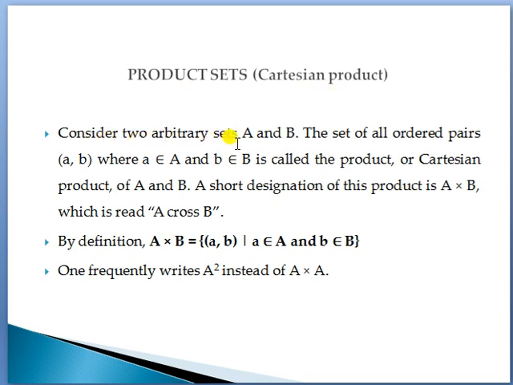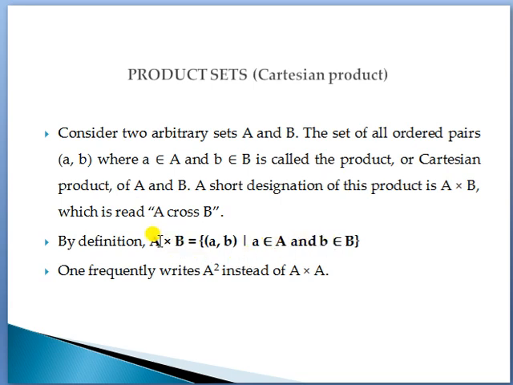Consider two arbitrary sets, capital A and capital B, and the set of all ordered pairs (a, b), where the first element a belongs to the set A and the second element b belongs to B. This is called the product or Cartesian product of the sets A and B, and it is denoted by the symbol A cross B. In mathematical notation, A cross B is equal to the set of all ordered pairs (a, b), where a belongs to the first set and b belongs to the second set.